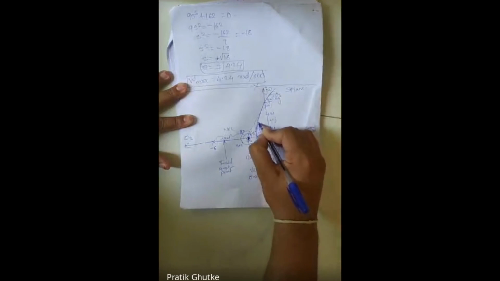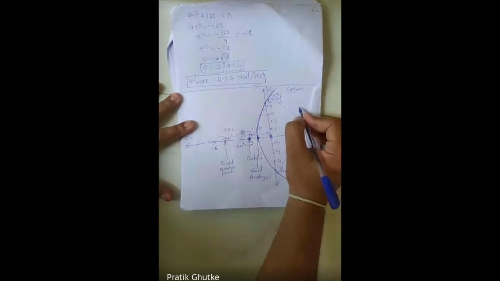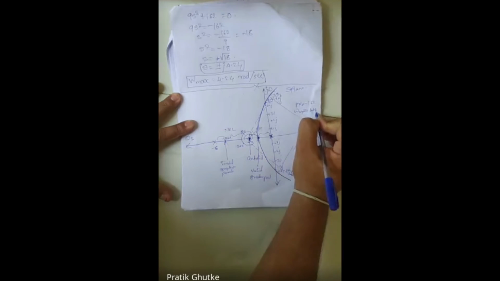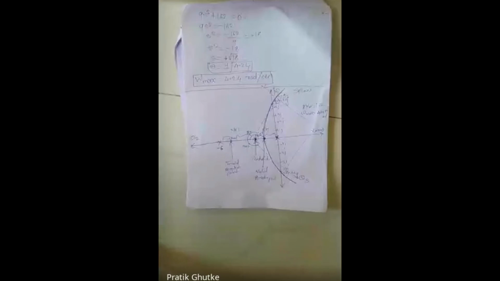This is my root locus. For this, K marginal we have calculated is 162, and I have to write omega max equals 4.24 radian per second. Like this, you have to sketch the complete root locus. Have you understood?